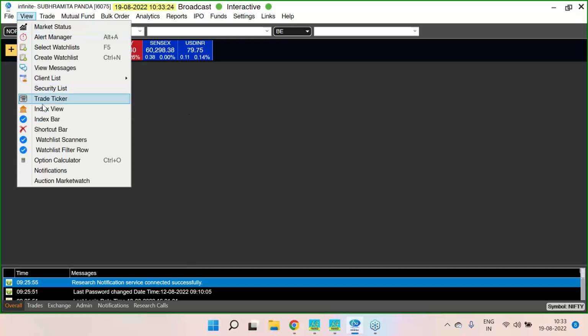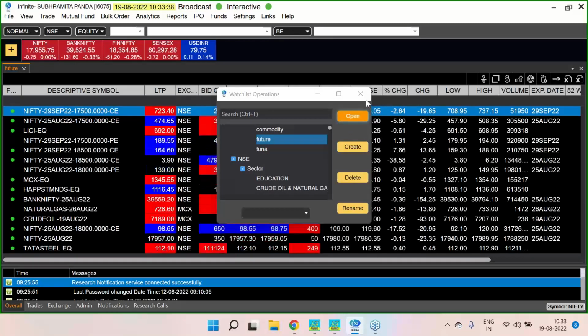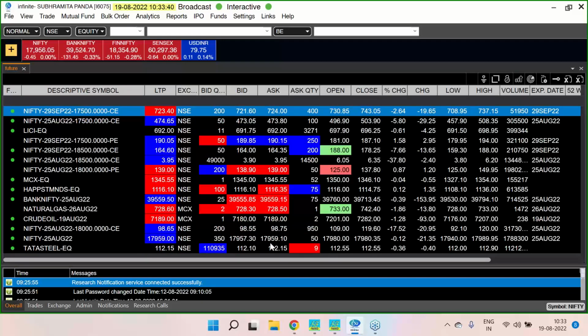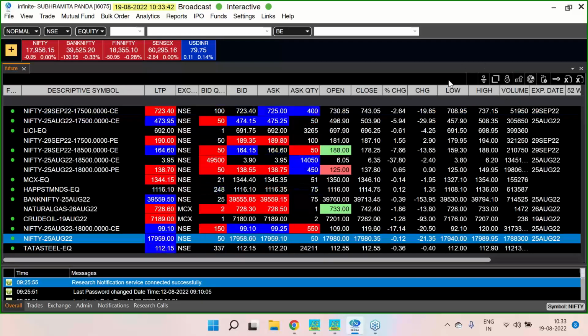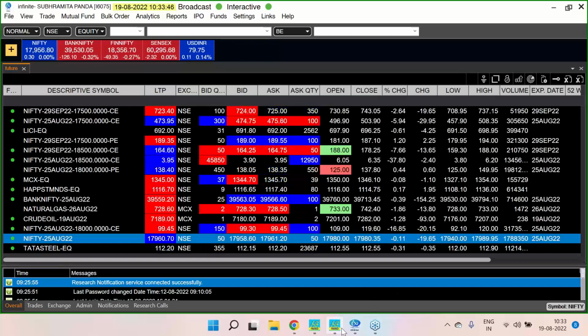In Nifty, we have earned a couple of points, and in Bank Nifty, we are waiting for the breakout to happen. This is what we have achieved till this point. So here 17,940 has come.